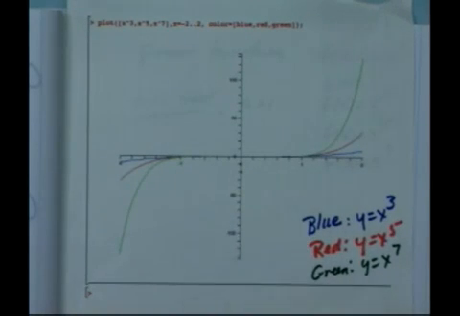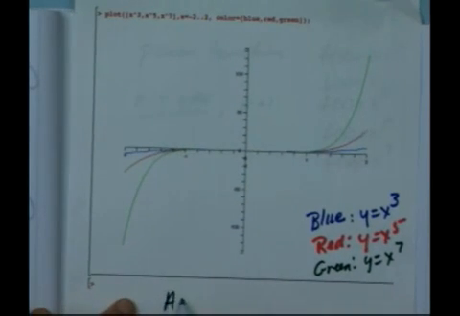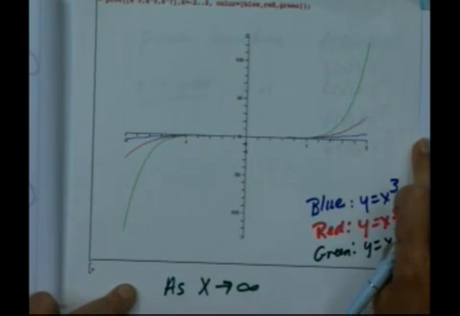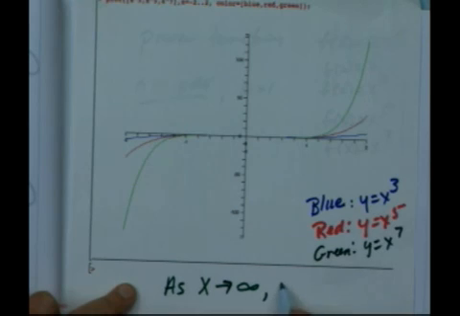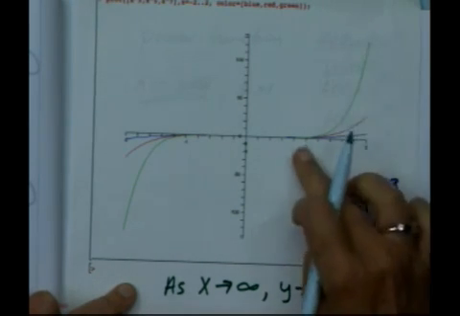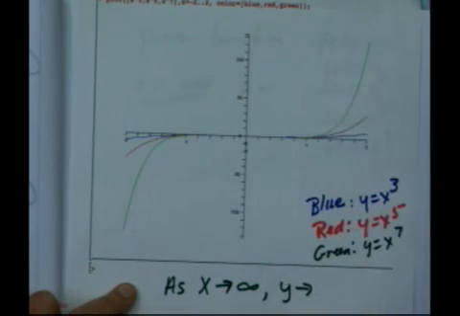All right, as x approaches infinity, as x gets bigger and bigger and bigger, what do you think the y value is going to approach? These curves are going to continue going off forever and ever.